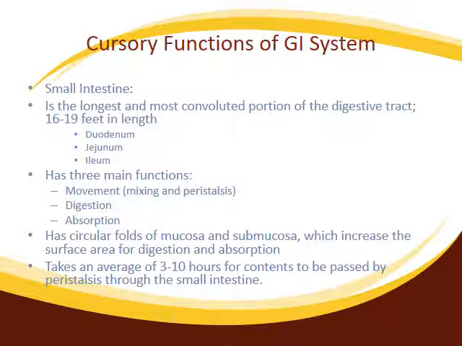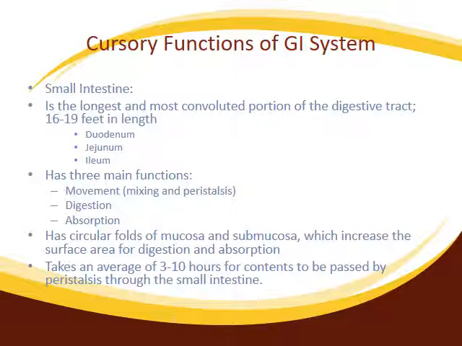Okay, cursory functions of the small intestine. It is the longest and most convoluted portion of the digestive tract. It's amazingly 16 to 19 feet in length, and that's all inside our abdomen. It's got the duodenum, the jejunum, and the ileum. It has three main functions.